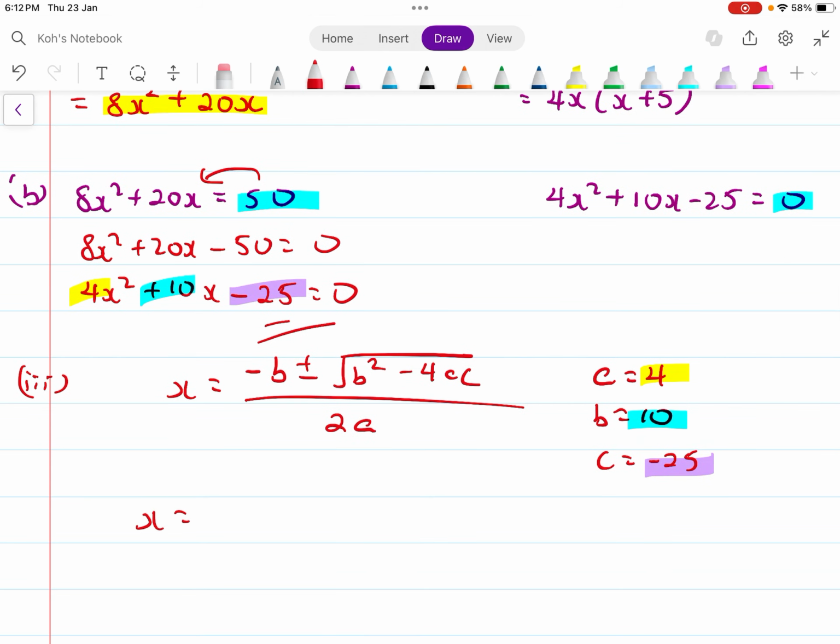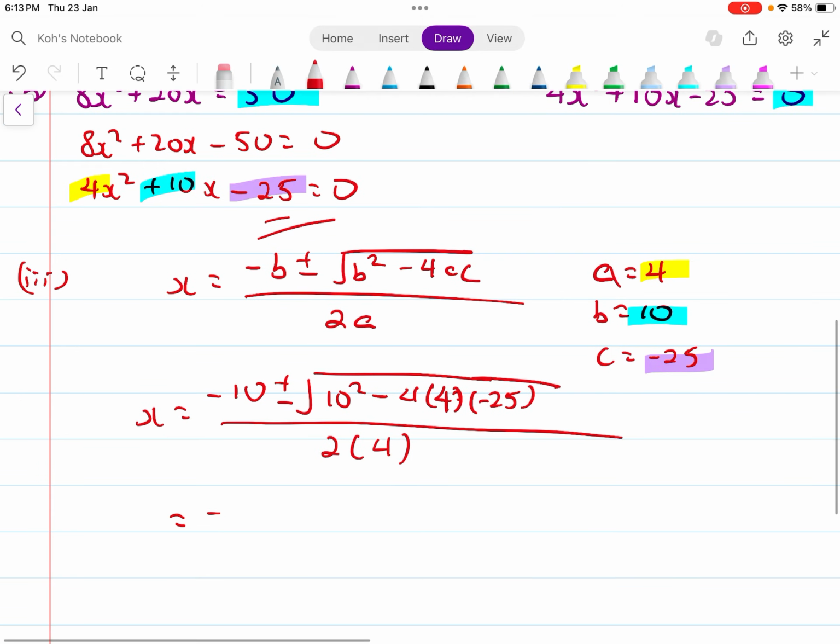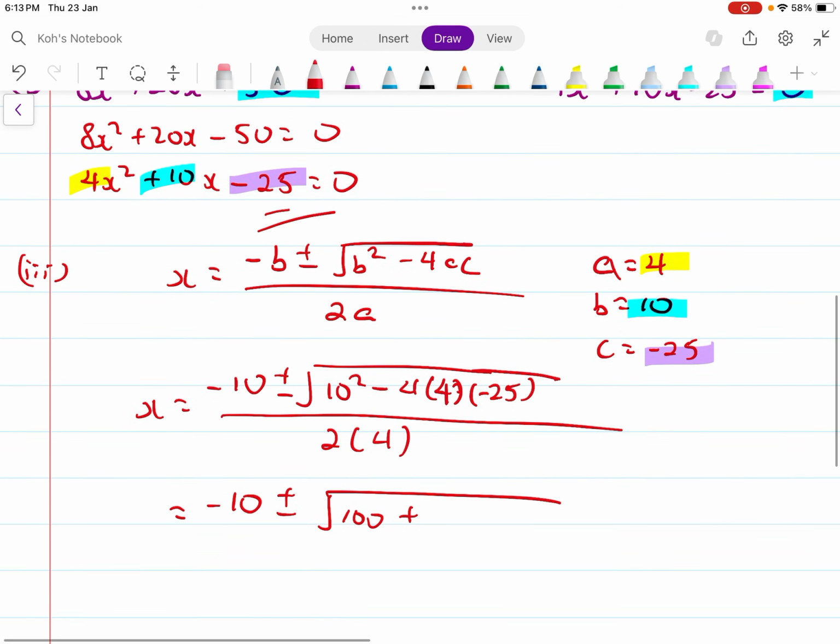So x is equal to negative 10 plus minus the square root of 10 squared minus 4 times a, which is 4, times c, over 2a, and 2a is 2 times 4. So this will give you negative 10 plus minus the square root of 100 plus 400, over 8. Let's determine this together.